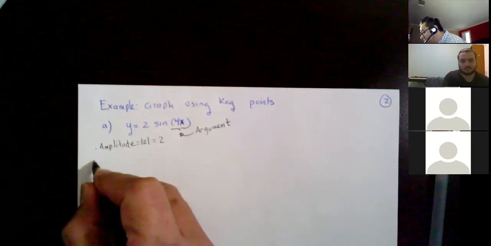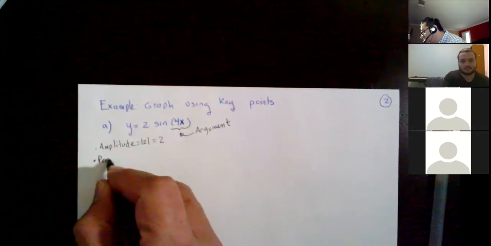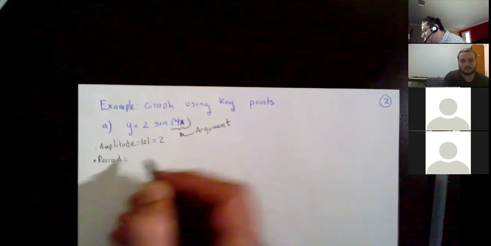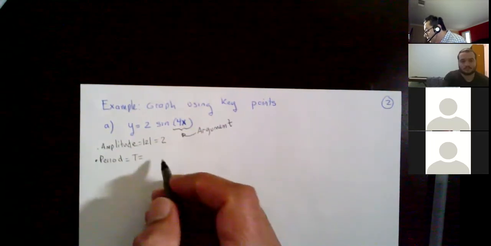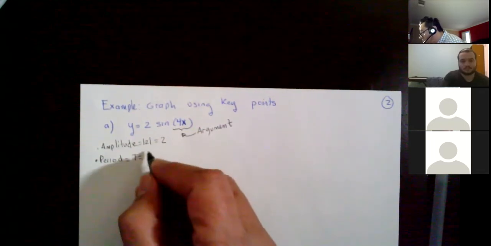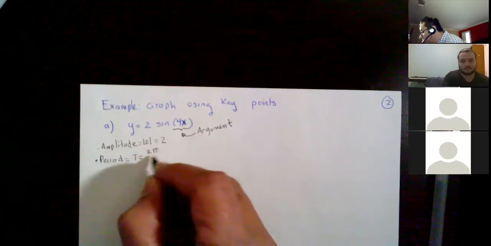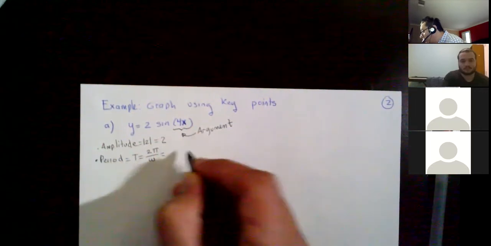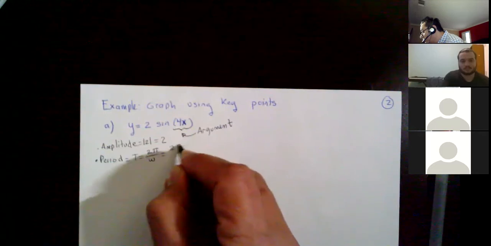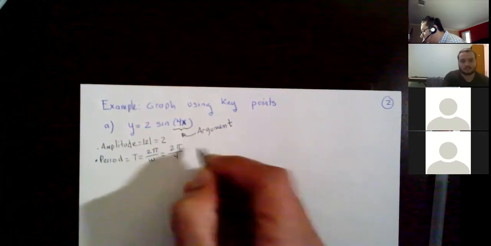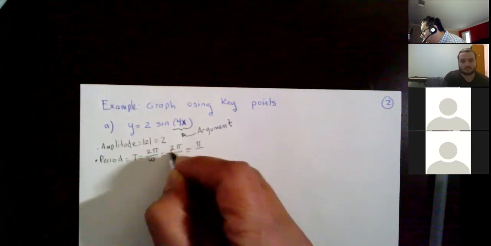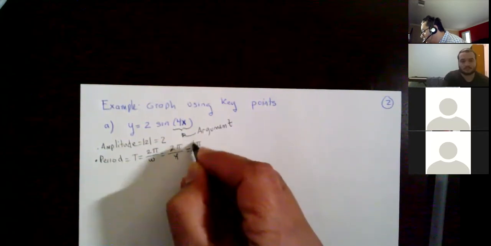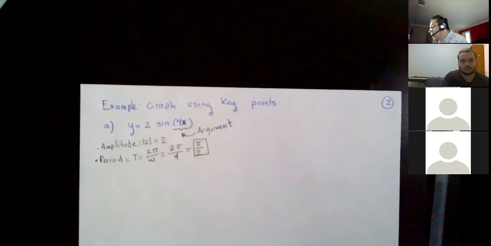Let's find the period. T is equal to 2 pi over omega, and this is 2 pi over 4, which equals pi over 2. That would be the period.